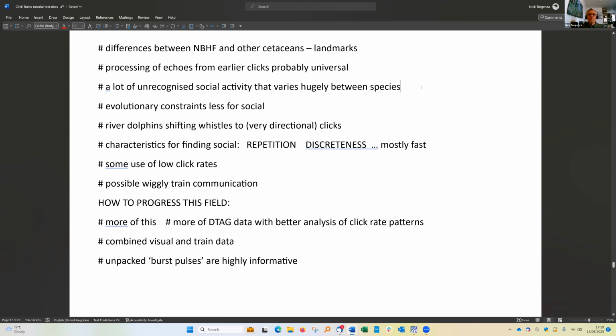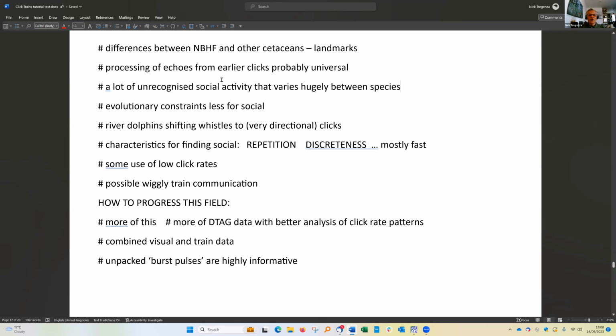And so I'm putting out an appeal to all you guys that if you have a narrowband high frequency species, we should kind of pool this data and look for how they're communicating socially by modulating their click rates, because they all will be doing it. And I think I've, well, you know, we've seen a number of versions of it here, and I think I've seen other versions as well.